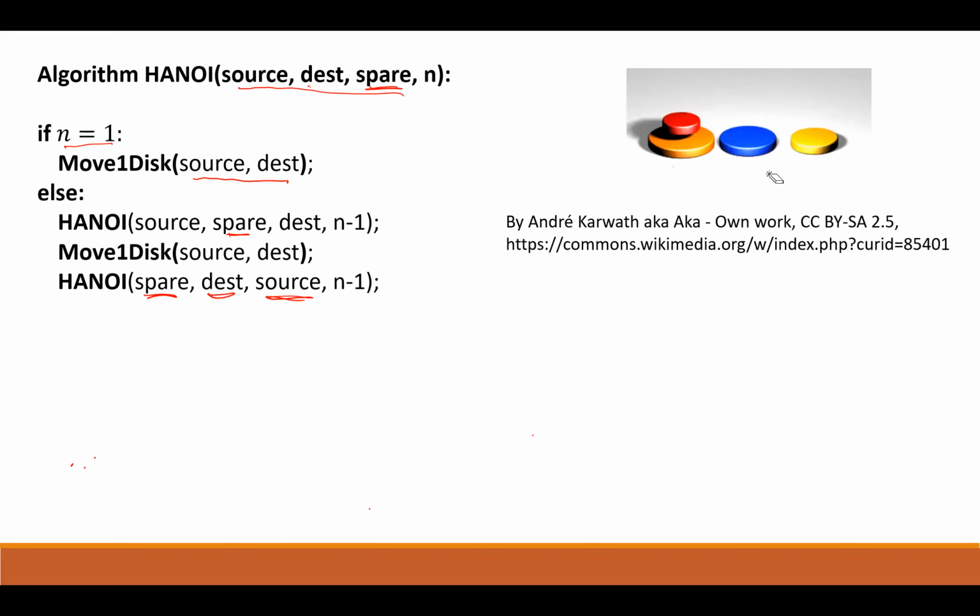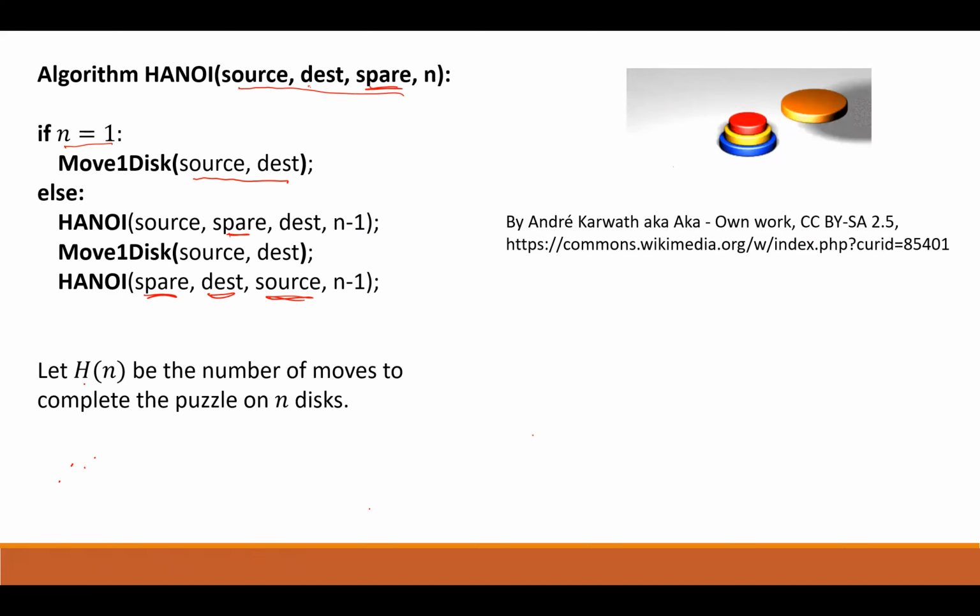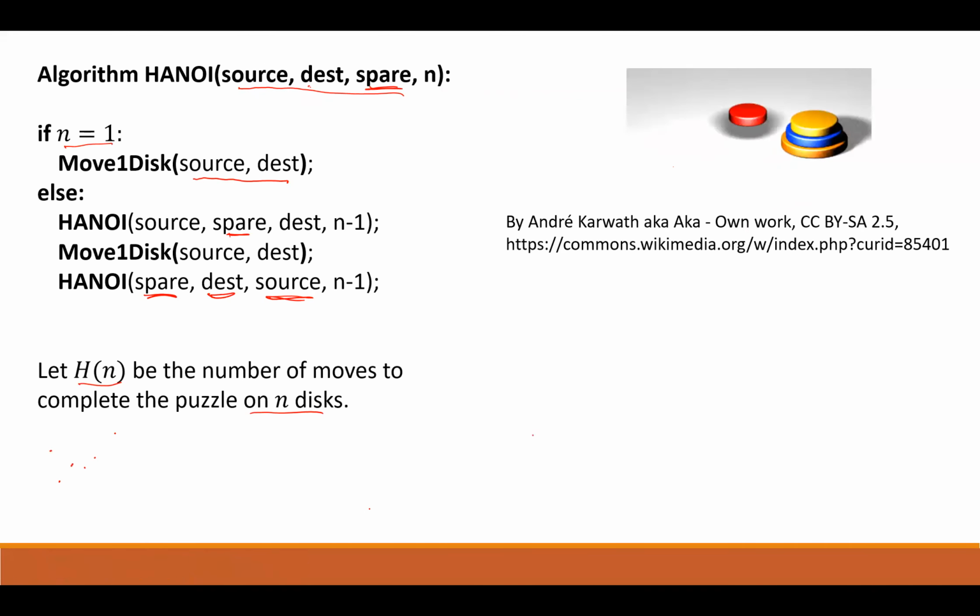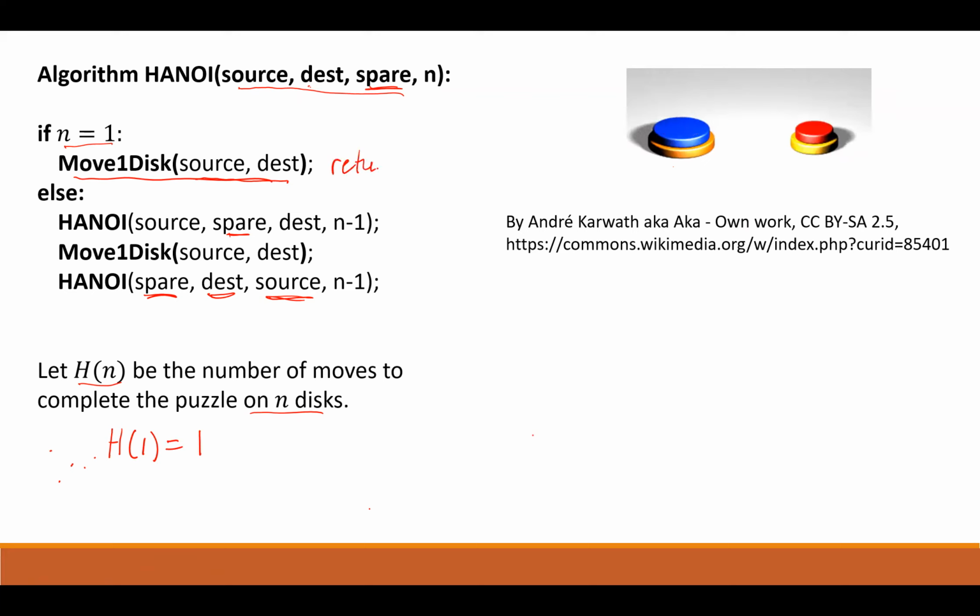Okay, so let's analyze that now. So h of n will be the function, which is the number of moves to complete the puzzle on n disks. So we know that in the base case, h of 1, again, I simply take it right from my algorithm. I do one move. There should be a return here. And then we return.